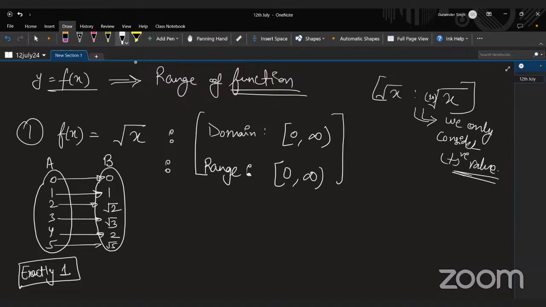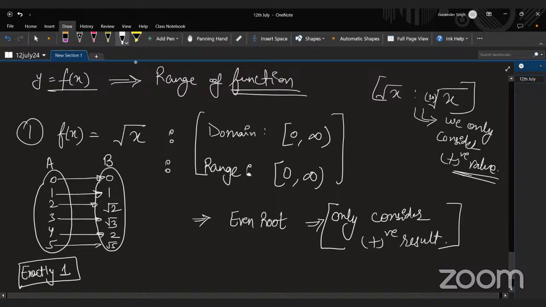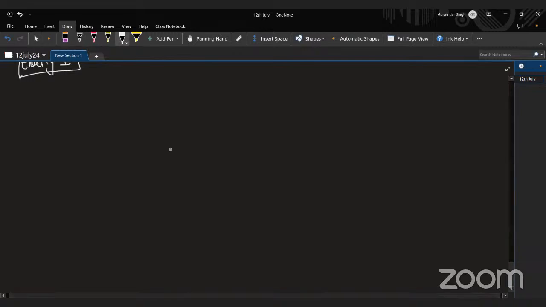So if exactly one arrow has to go from each element in A, I take this simple method: whenever I am taking an even root, only consider the positive result. Fine? Okay, easy. I'm taking much time because I know some things are not familiar to you. That is why I'm taking a bit of a long time.